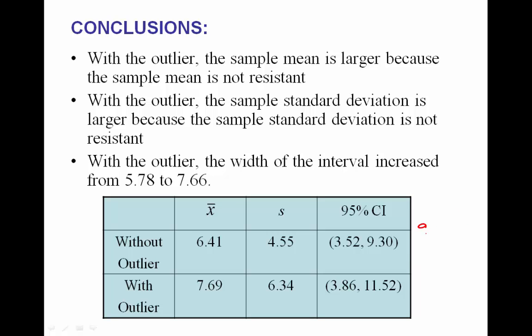And remember, the width of the interval we get by subtracting the two endpoints. Not only did the width of the interval increase, but the whole interval went up. So the low point without the outlier was 3.52 and the lowest point with the outlier was 3.86.